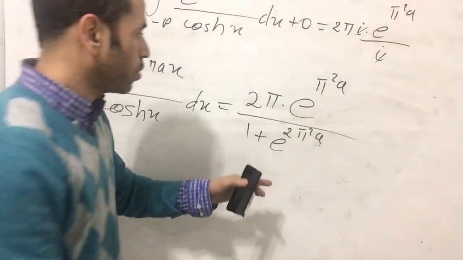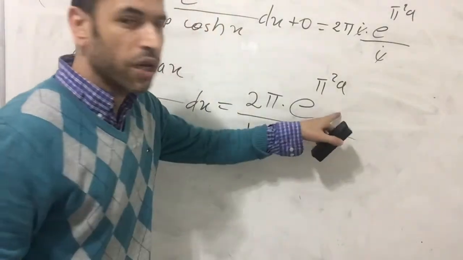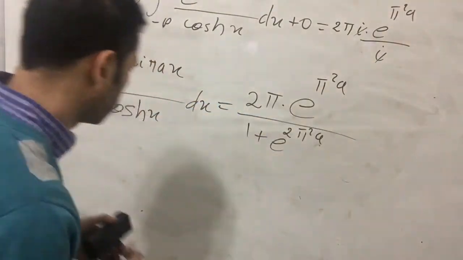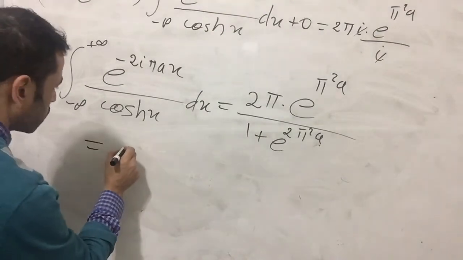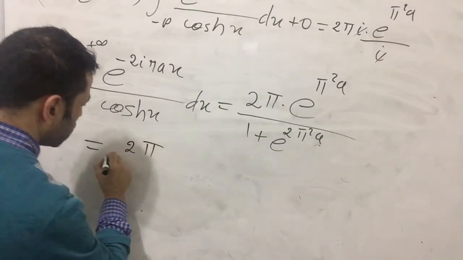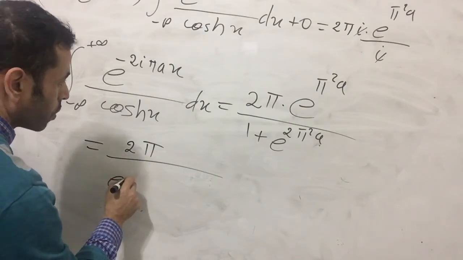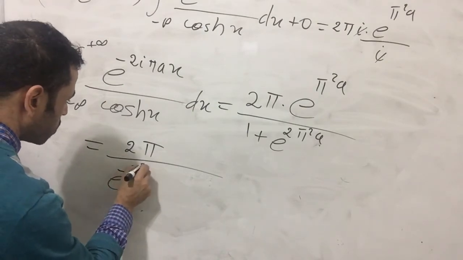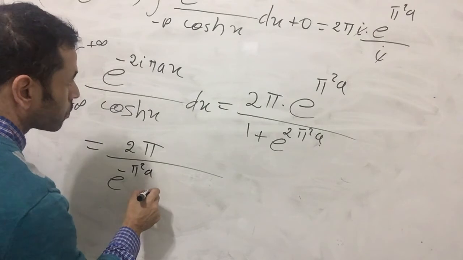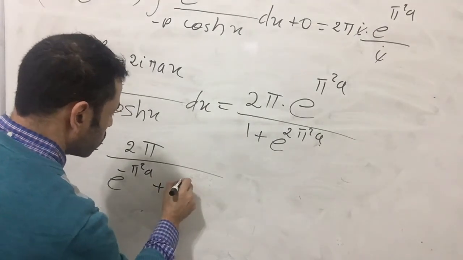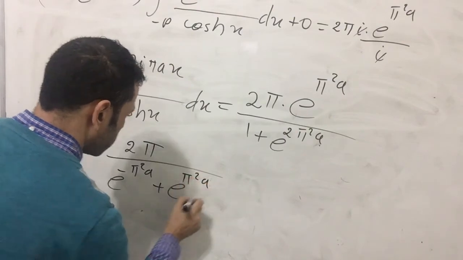So what I'm going to do now is divide numerator and denominator by e to pi squared a. So I will have 2 pi divided by e to the minus pi squared a plus e to pi squared a.